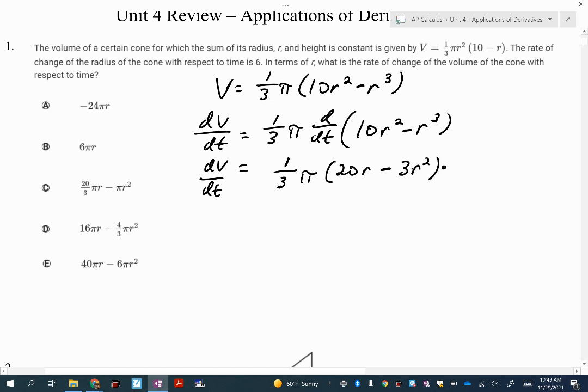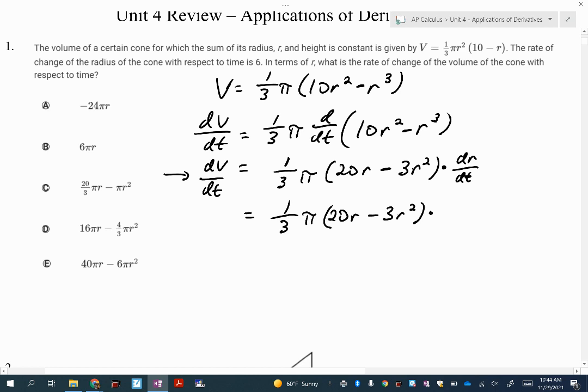But don't forget, like when we did this in our very first lesson for this unit, you also have to write dr over dt. So we're trying to find the rate of change of the volume. So we're trying to find this.